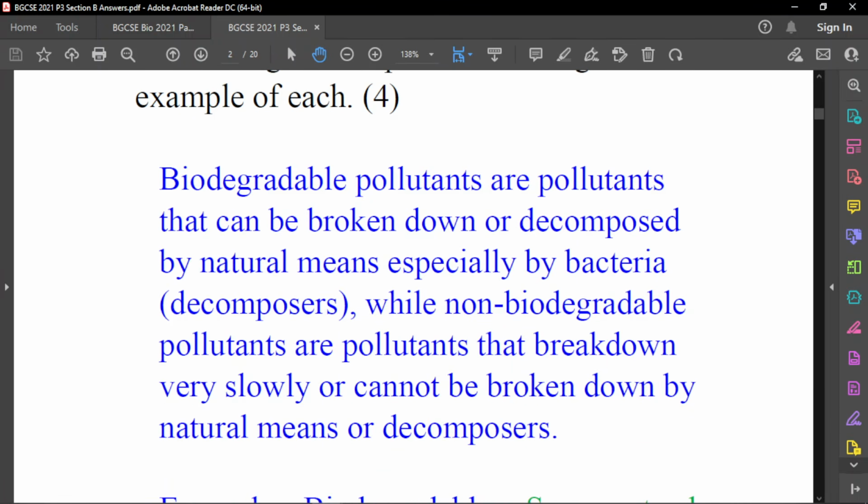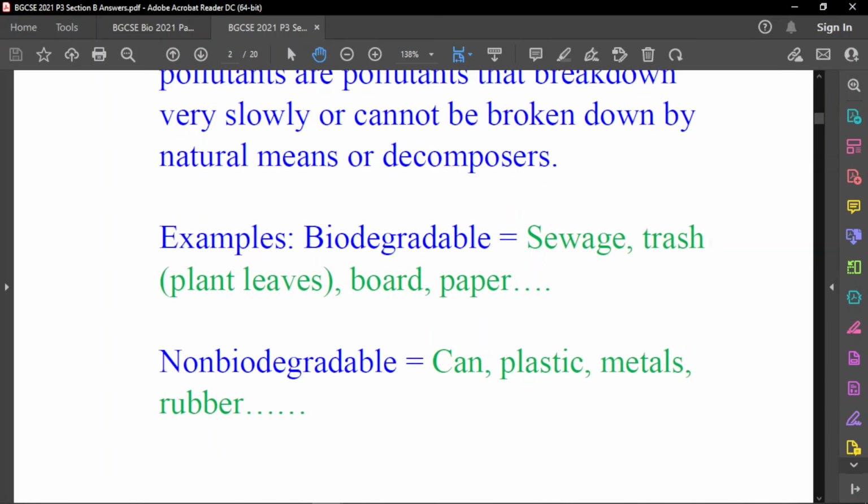It says that biodegradable pollutants are pollutants that can be broken down or decomposed by natural means, especially by bacteria, which we call decomposers. While non-biodegradable pollutants are pollutants that break down very slowly or cannot be broken down by natural means or by decomposers. All right? Now, an example of biodegradable pollutants: sewage.